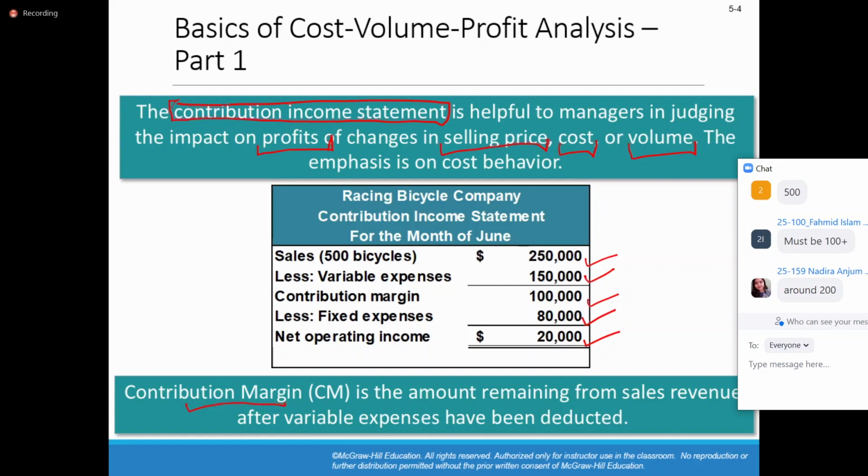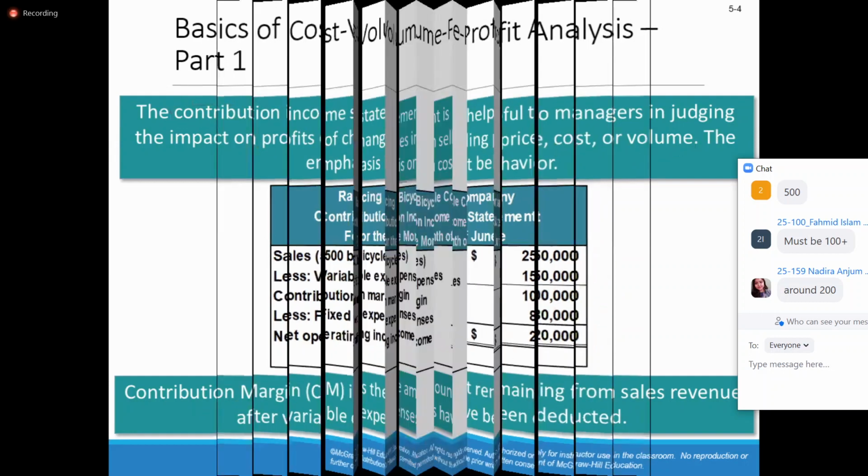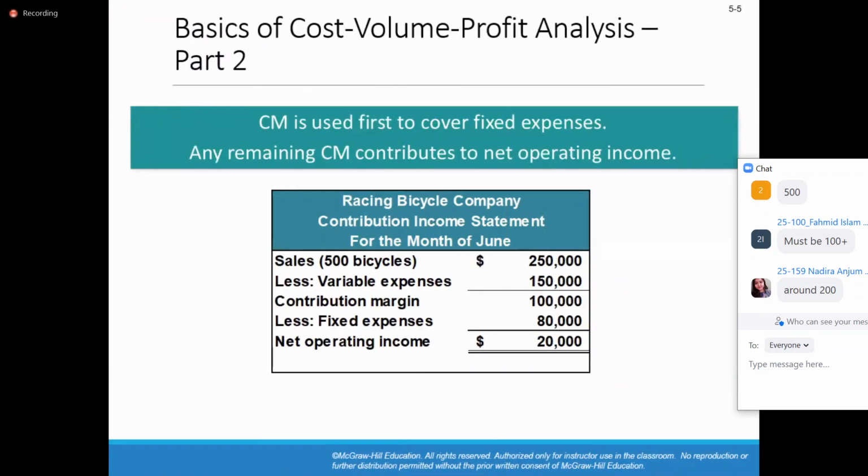It is the leftover amount after subtracting the variable expenses. The purpose of CM, or contribution margin, is to identify whether it is adequate to cover the fixed expenses. If the contribution margin exceeds the fixed cost, we will have positive net operating income, otherwise not.